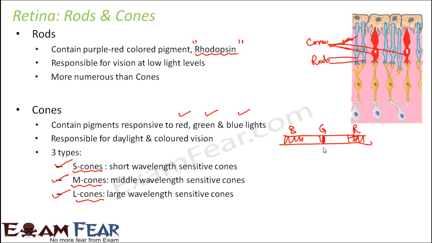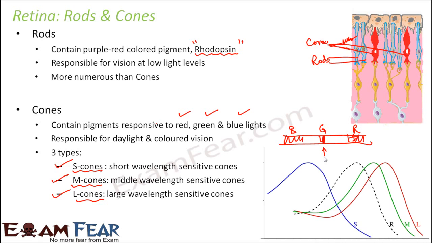That is why the M cones will receive the green ones, and similarly the S and the L cones will receive the blue and the red respectively. That is how the different colors are received by the different types of cone cells present inside the retina, and that is how the person can see the different colors distinctly.